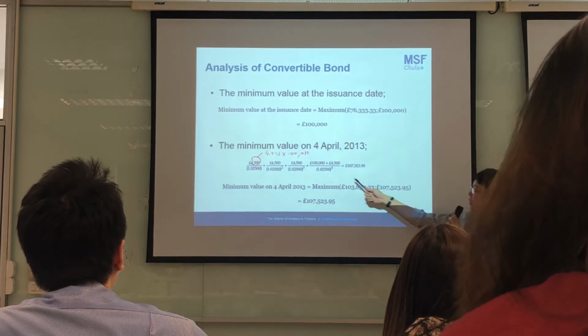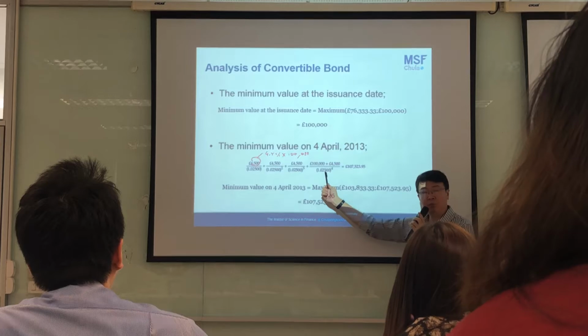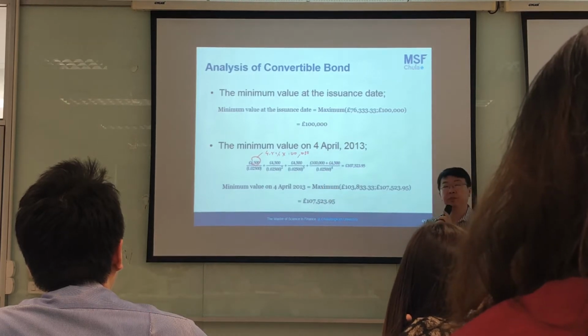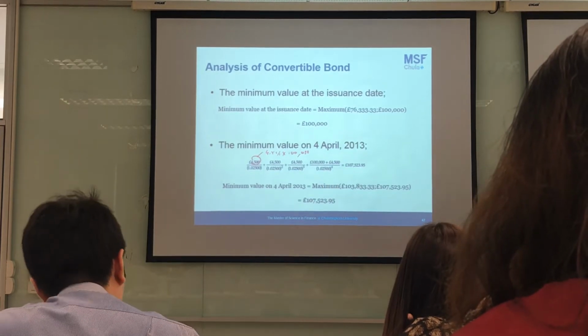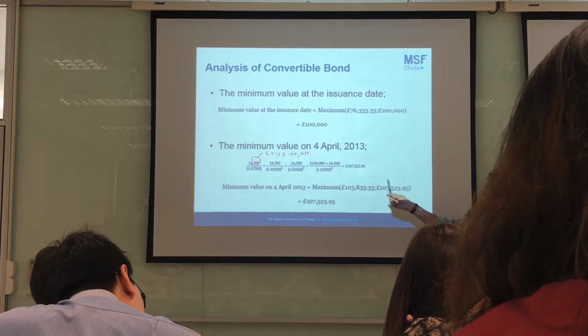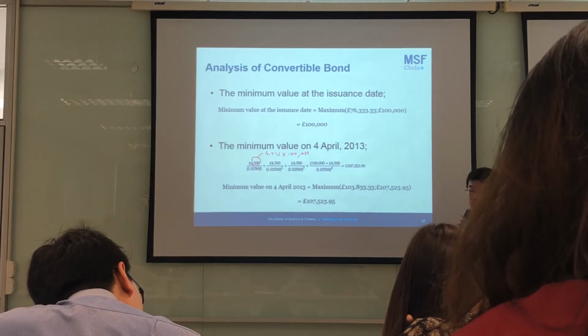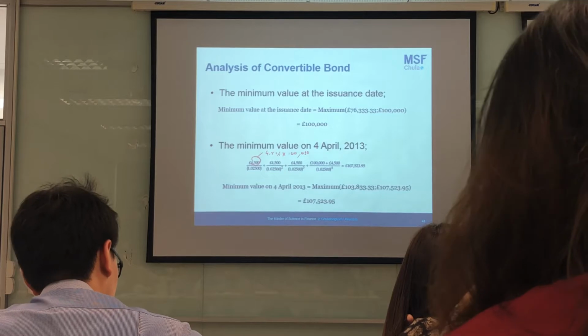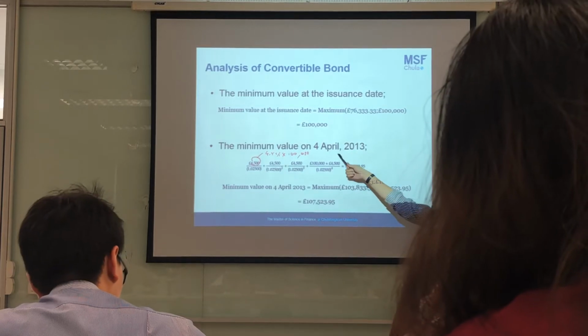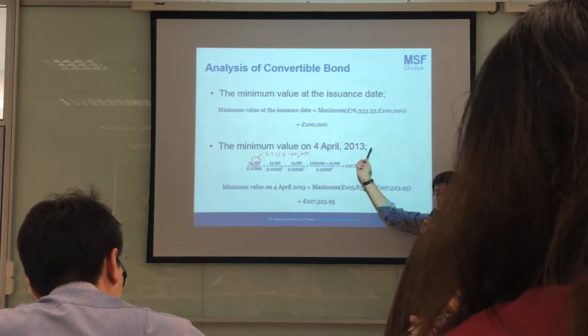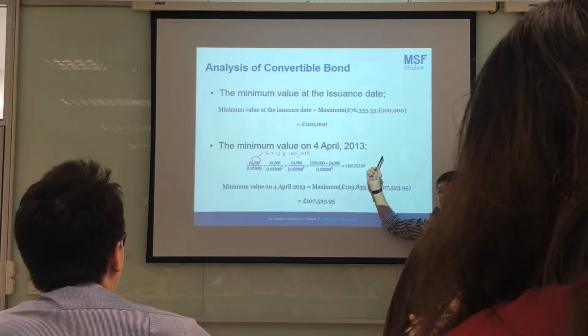This is given information. The yield to maturity is 2.5%, average return 2.5%. So you estimate the value of the straight bond on the 4th of April 2030, 1 year after the bond issuance.